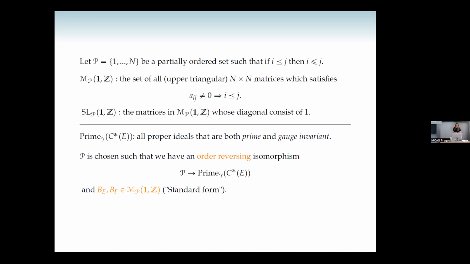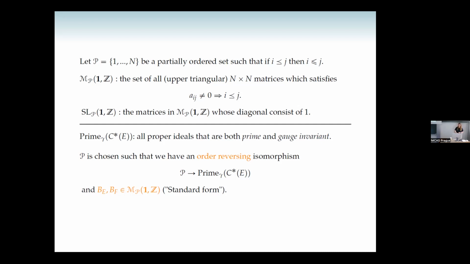Here we have to look at something called the prime and gauge invariant ideals of our graph. I will not go into the details here, but gauge invariant means that you have this natural circle action on your graph, where your partial isometries are mapped to some element in the circle times the partial isometries, and the projections are fixed. So the ideal has to be invariant under that, and then we are looking at some specific ideals which are prime.